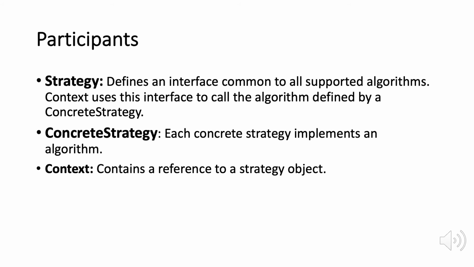Whereas the context class contains the reference to a strategy object. Using the context class, the client can pass the mode of strategy or the mode of algorithm. If he wants to change the algorithm, then he will send the request to the context class.